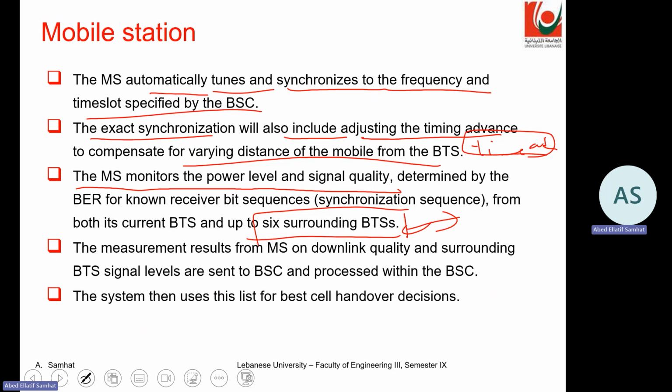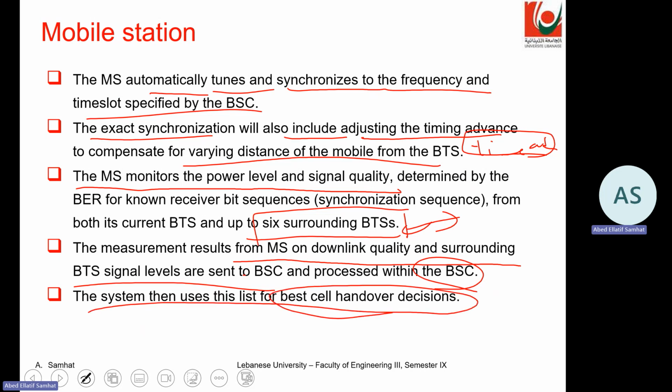Okay, so the measurements, as we said, are results from the mobile station on the downlink and surrounding base station signal level. And typically they are sent and processed by the base station controller. And after that, the system will list the best cell for the handover decision.